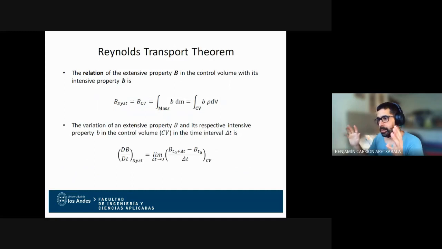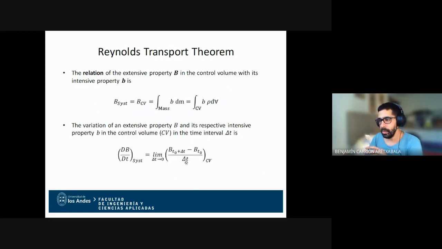Now that's the mass at one point in time. But let's say we're interested in how that property changes over time. So the rate of change of the system, by definition, is just the limit of the property inside the system at time t0 plus delta t, minus the property in the system at time t0, divided by delta t.